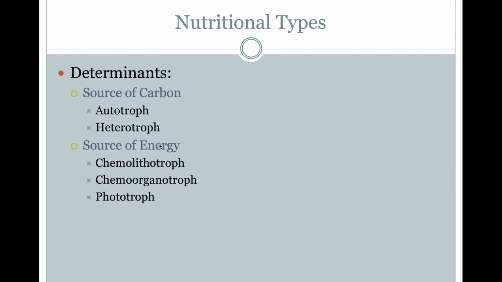In this case, we're really going to focus a little bit more on the ability to use different types of compounds as either the energy source or the terminal electron acceptor, which we'll talk about in chapter 7. So here we have chemolitho or chemoorgano or photo.